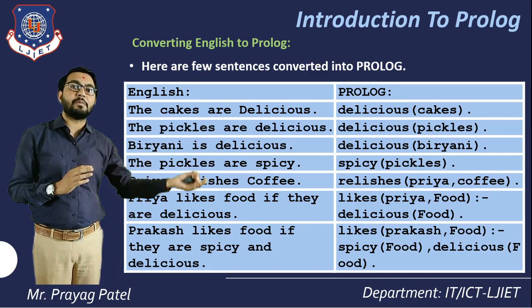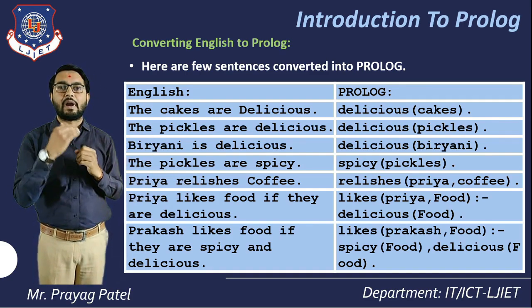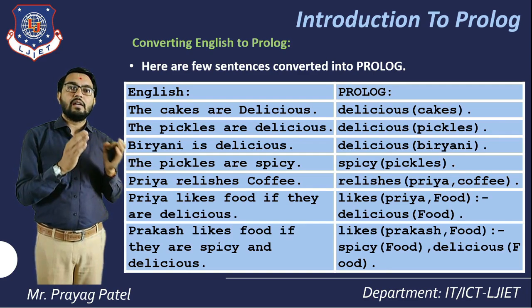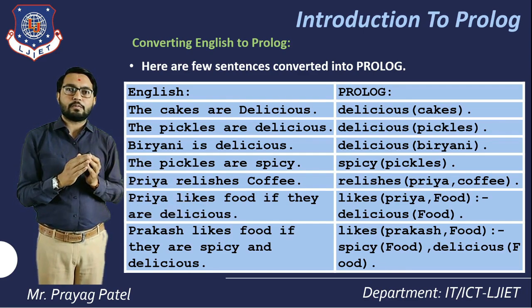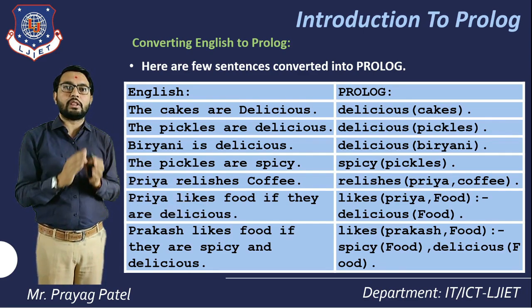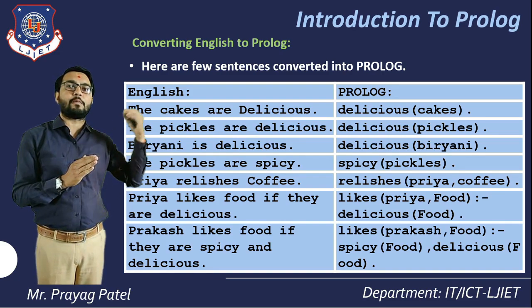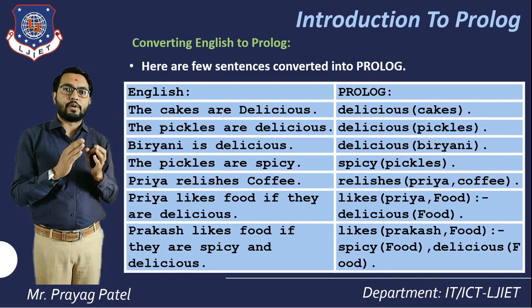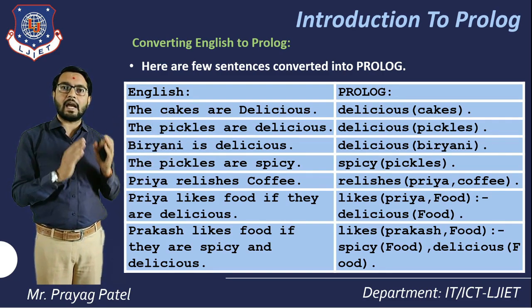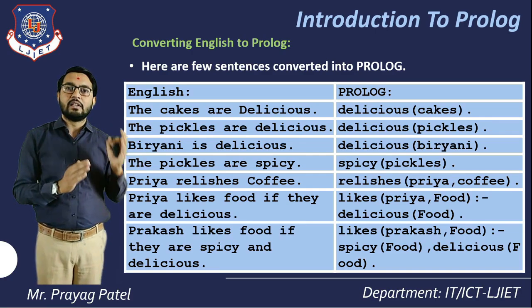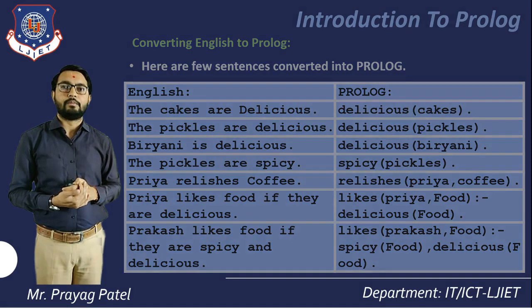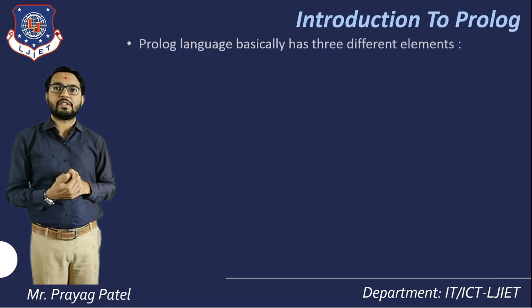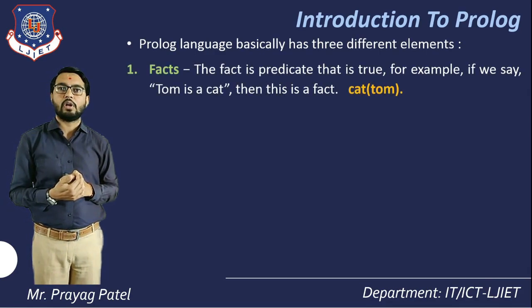So first read the right part of the sentence, then the left part. Here the comma operator is used for the AND operation. So when both conditions are satisfied, your final goal will be satisfied. First the food is spicy and the food is delicious, then Prakash likes food. So this is a simple conversion of English sentences to Prolog.